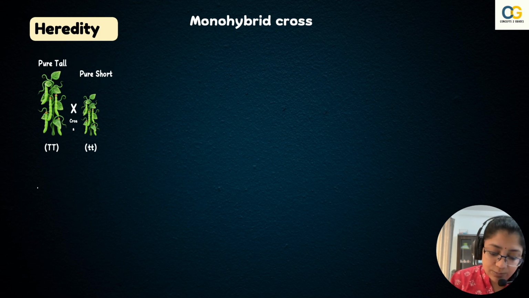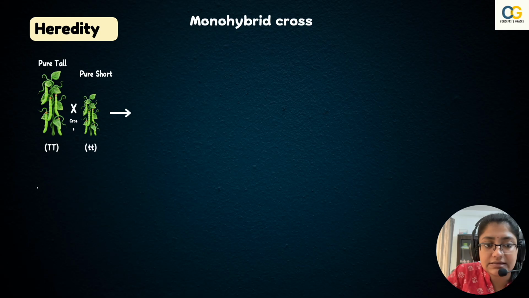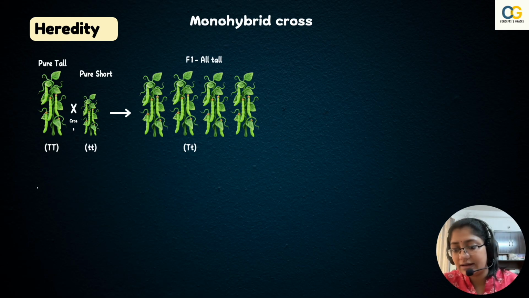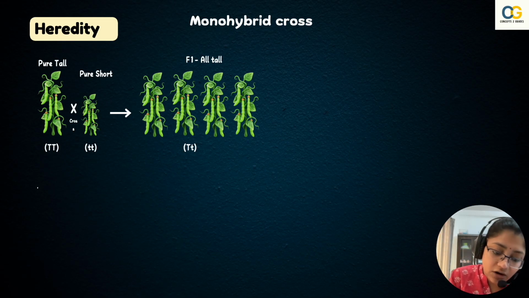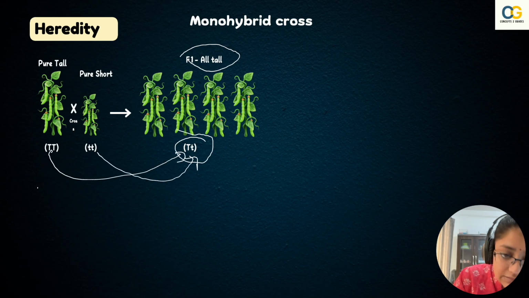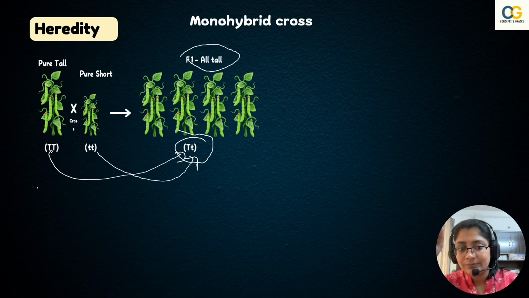So once these two plants are crossed between each other, let's say I try to make them have babies in one sense. So what happens is, Mendel thought that he will get all kinds of plants, but he ended up getting all tall plants. So now if you look at it, this one is tall and there is one short gene also in this, but still it is looking tall. Why?